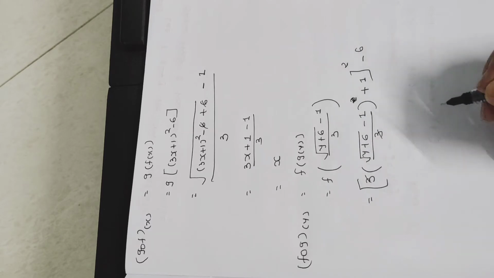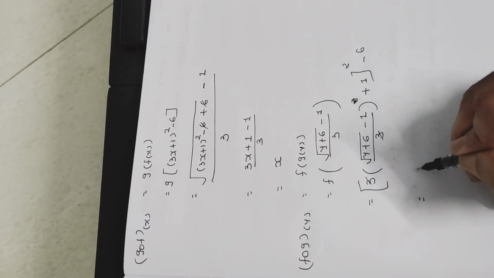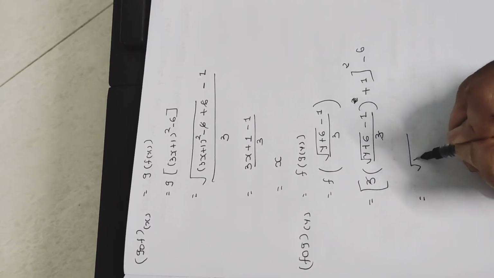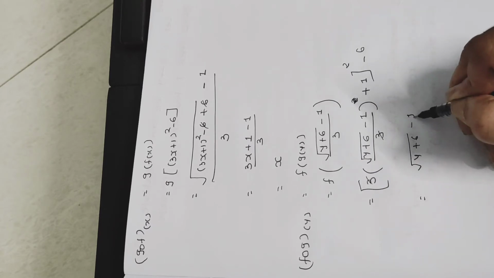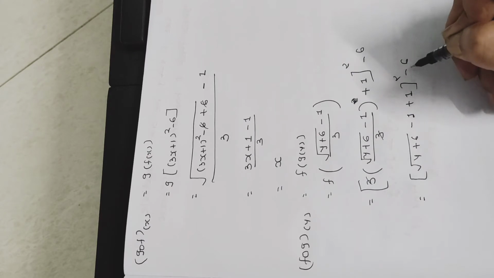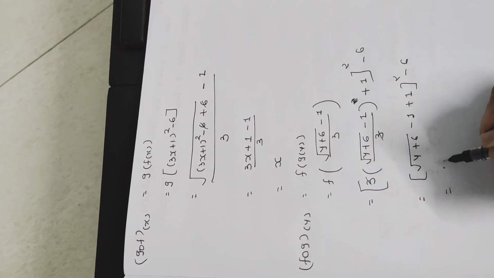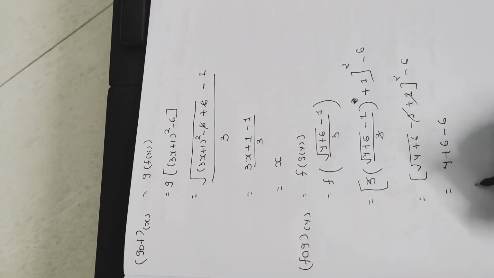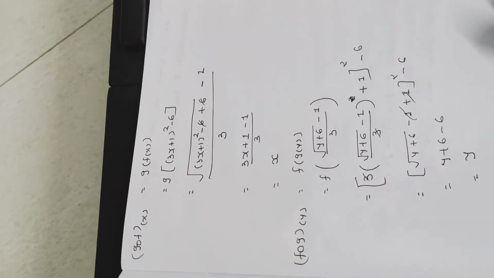These and this is cancelled. So under root y plus 6 minus 1 plus 1 whole square minus 6. So y plus 6 minus 6 is equal to y.